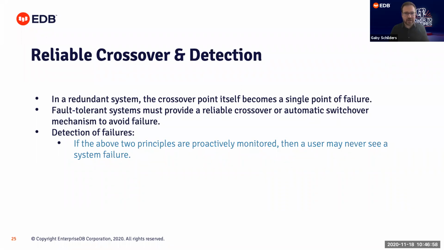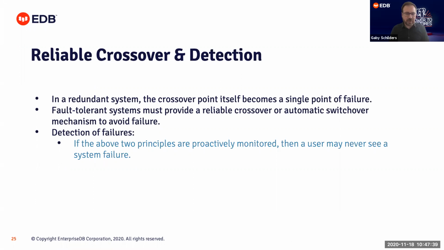And the reason is exactly this. Before you want to take action, you want to make sure that you are taking action on the right information. And as we all know, sometimes automated systems have difficulty in making a decision because they don't have enough information, for instance. So it is critical that you understand that a large part of the time that you lose in switching over or failing over goes into detection and not necessarily into the switchover itself.